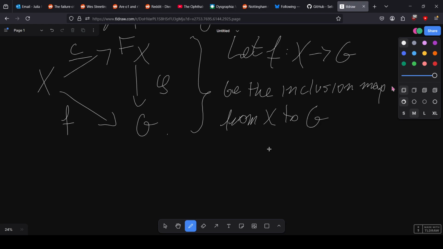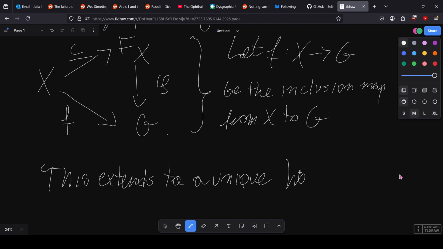But this then extends to a unique homomorphism phi from F_X to G.